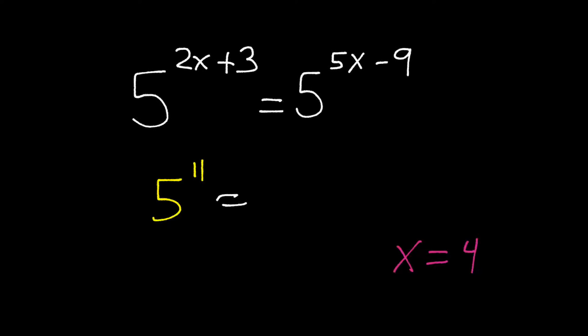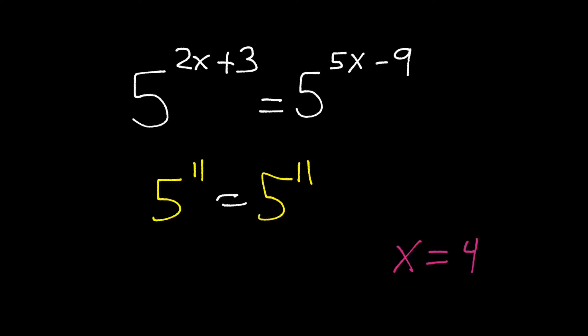So this side also becomes 5 to the 11th power. And if we're up to date with our identity property, you can say something is always equal to itself. So it works out. Since these bases were the same, we were able to take this exponent, set it equal to that exponent, and we could solve it. That is part 1 in a nutshell.